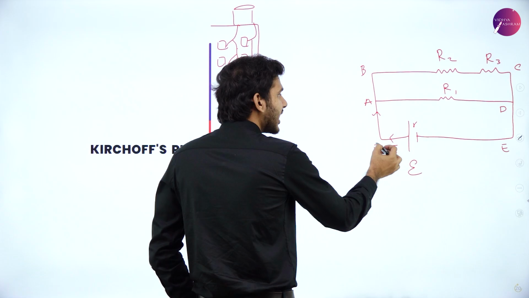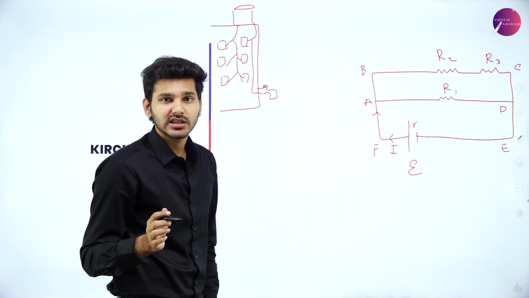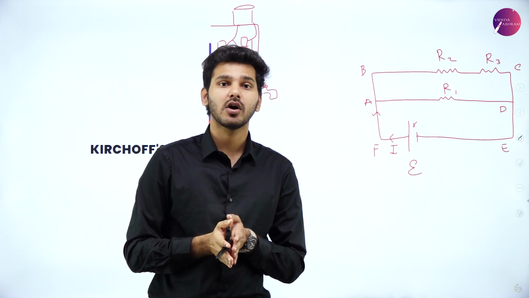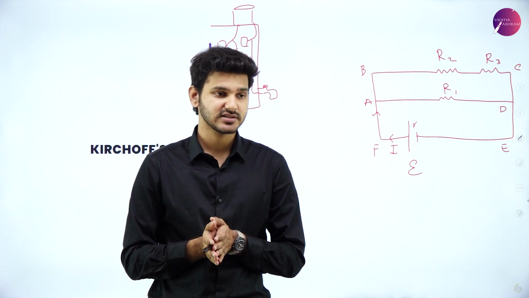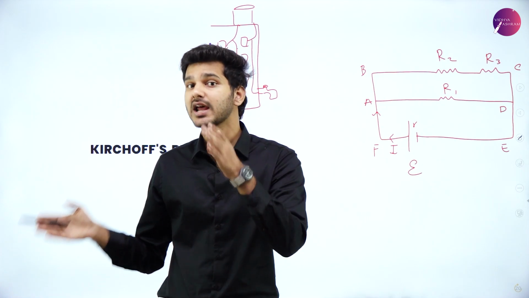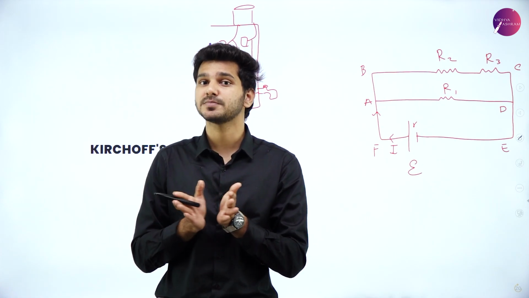So when the current reaches the junction A, it is posed with a problem. He is standing in front of a junction. That is, there is a right and there is a straight path. Where do I go? Unlike us, current can actually split.